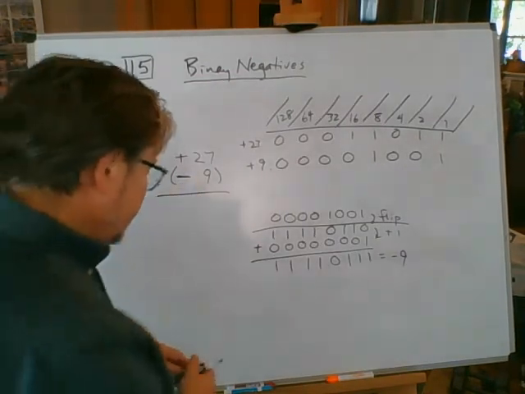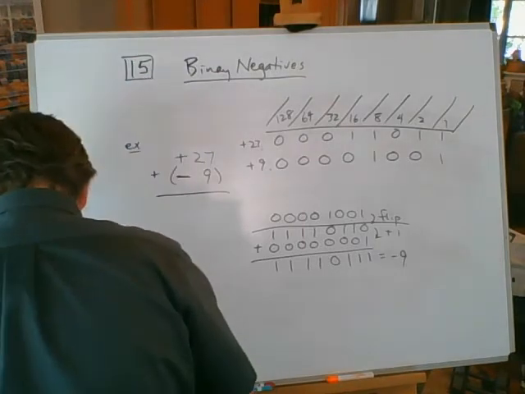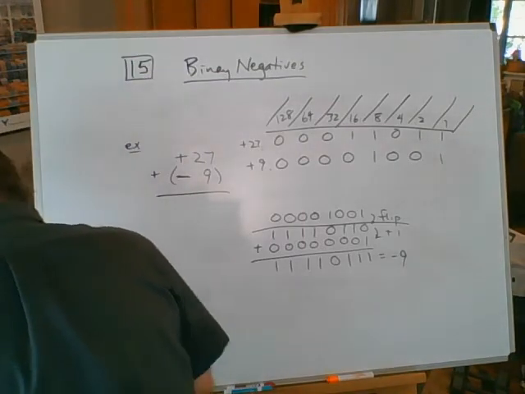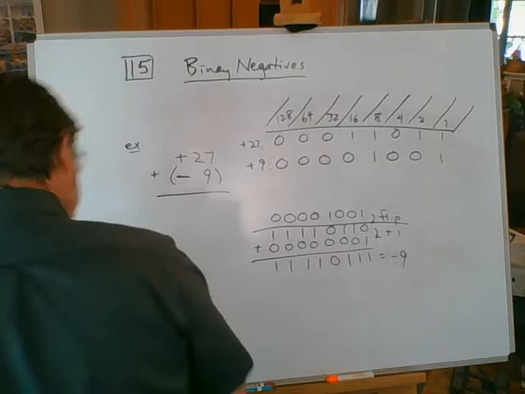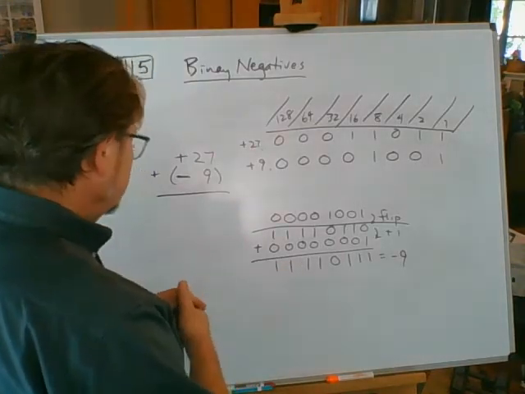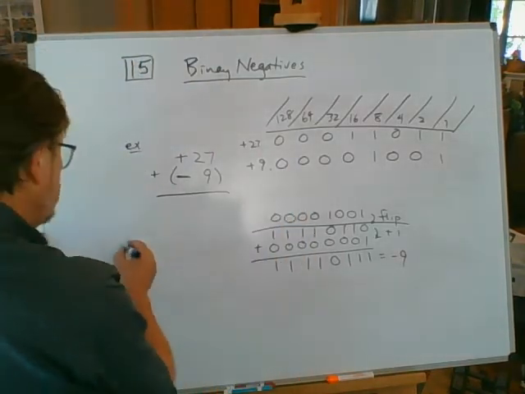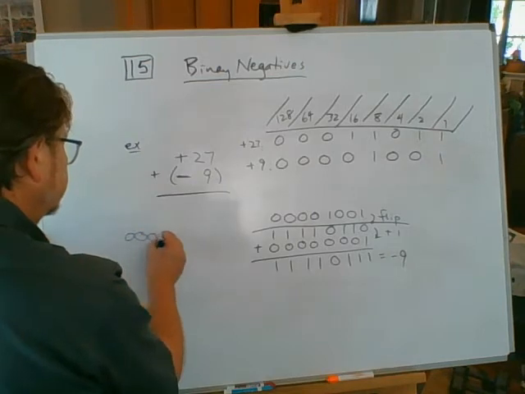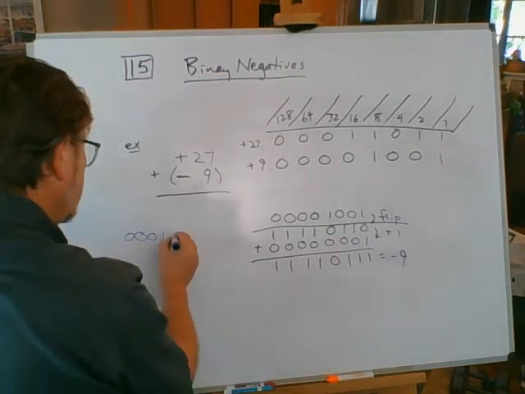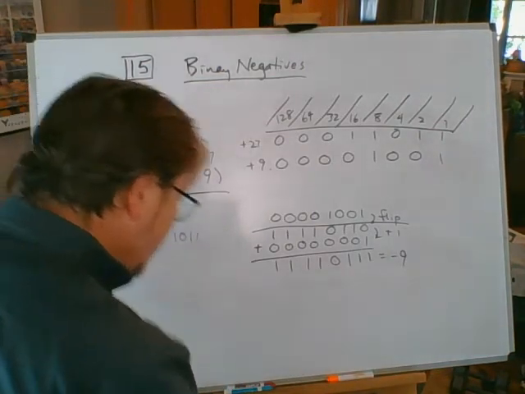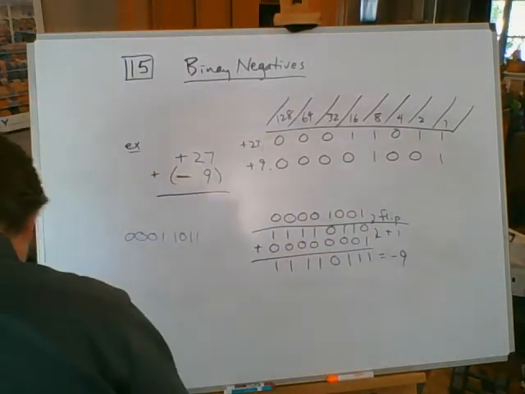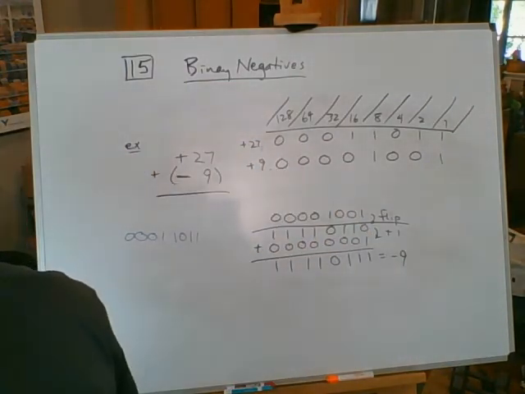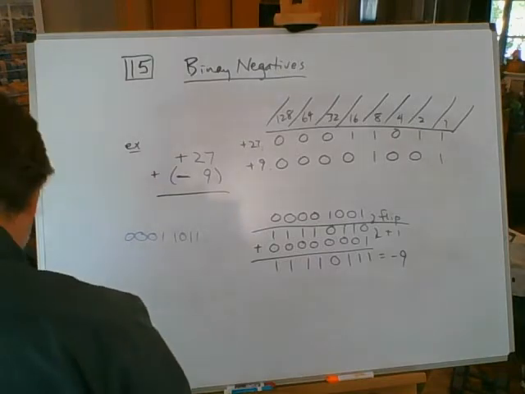This says add 27. 27 is 0, 0, 0, 1 and 1, 0, 1, 1. All these colors decided to dry up all at the same time. It's just not my day.